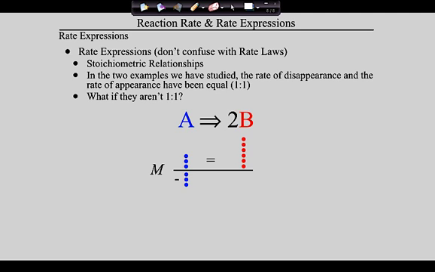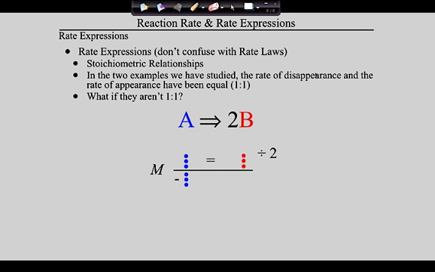Because it's a reactant. It's being consumed. So when we write rate expressions, we're going to make the rate that A goes down negative, which changes its direction. So now it's headed in the right direction. But now we've got to make this the same height as that. So what are we going to do? Divide that guy by 2, and now they're the same.